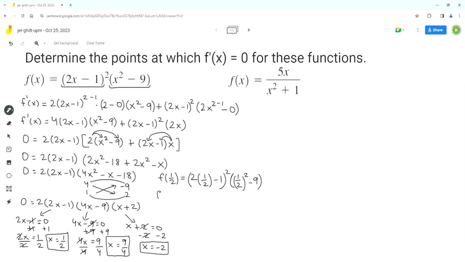Now we can simplify this. 2 times half is 1, so we get 1 minus 1, and then half squared is 1 over 4. Now 1 minus 1 is 0, and that will make this whole expression equal to 0. So f at half is equal to 0. So the first point is half comma 0.